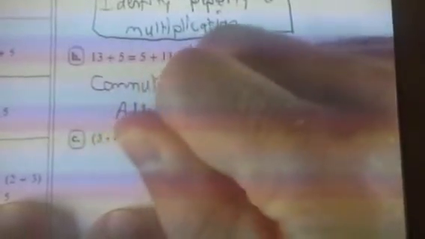Alright, here, 13 plus 5 equals 5 plus 13. I switch the order. If I switch the order of my addends, that is the commutative property of addition. Alright, I switch the order of those addends, but my answer stays the same.